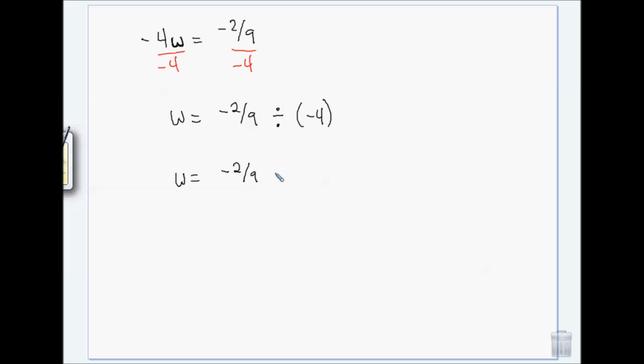So that's going to be -2/9 times -1/4. Keep, change, flip, right? 1 and 9 won't cross cancel, but 2 and 4 will. And a negative times a negative is a positive. So I have 1 times 1 and 9 times 2.